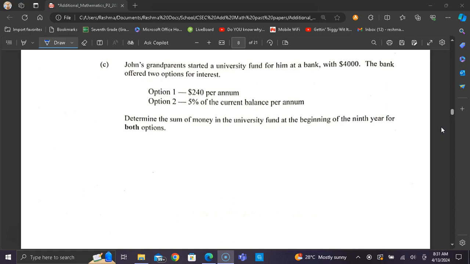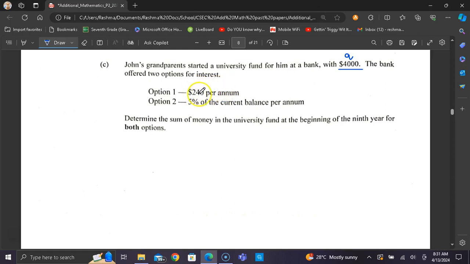So let's analyze the data that we have in this question. The first number, $4,000, represents the first term or the first value in both sequences, or both series, sorry. So option 1, the interest is $240 per annum.